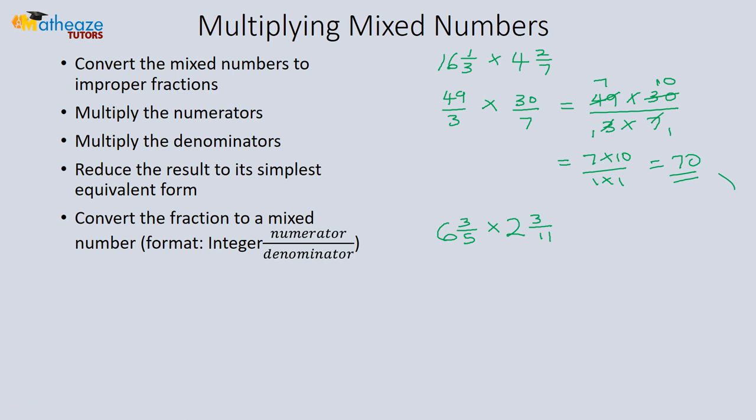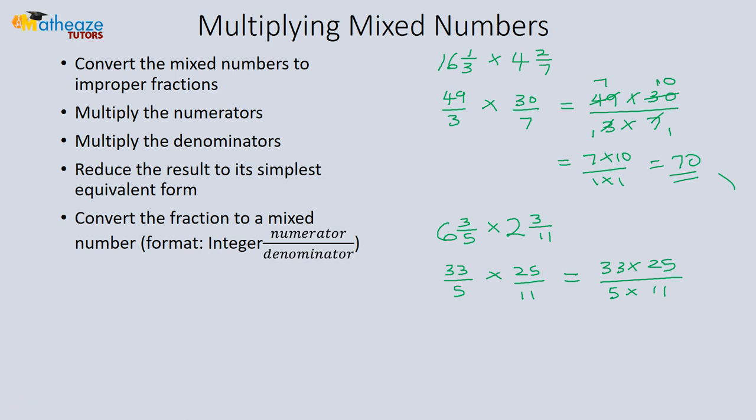So let's do that. 6 times 5, 30, plus 3. We got 33/5 multiplied by 2 times 11, 22, plus 3, 25/11. So we're going to multiply numerators together. 33 times 25 divided by 5 times 11.